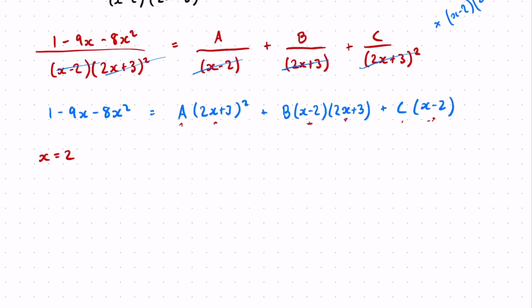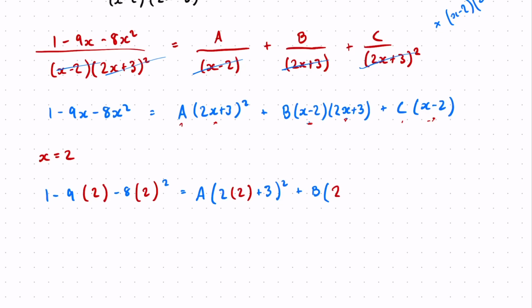This is going to give me 1 minus 9 lots of 2 minus 8 lots of 2 squared, which is equal to A(2 lots of 2 plus 3) squared plus B(2 minus 2)(2 lots of 2 plus 3) plus C(2 minus 2).